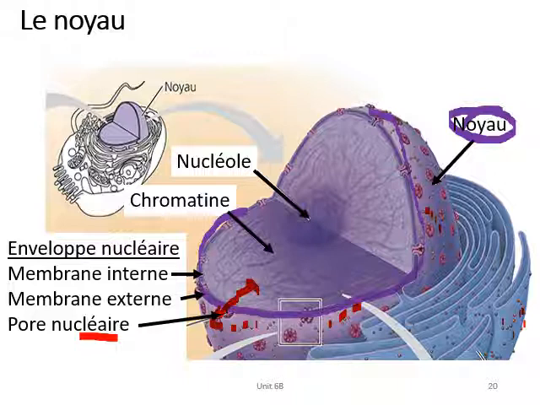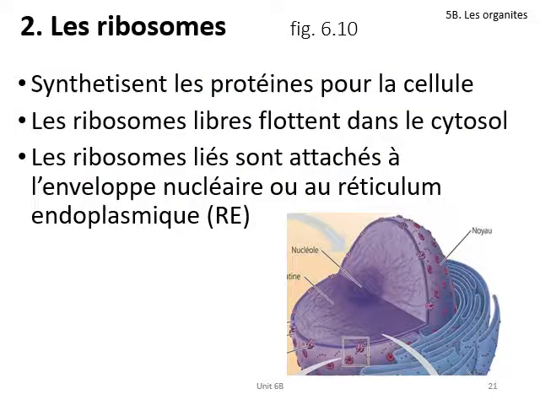The RNA takes the DNA and turns it into proteins by using the ribosomes. These are the ribosomes, these little red dots on the membranes. They make proteins for the cells. Without ribosomes, we would not exist.